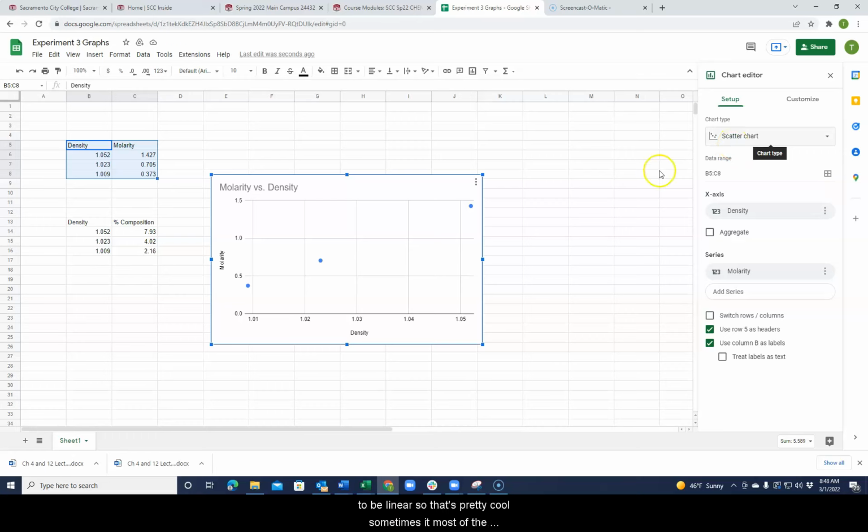So it kind of expected it to be linear, so that's pretty cool. Most of the time it works. Sometimes if your data is not very good, it'll think it's a bar graph or something. But here, it's recognizing it as a scatter plot. All right, so that's correct.